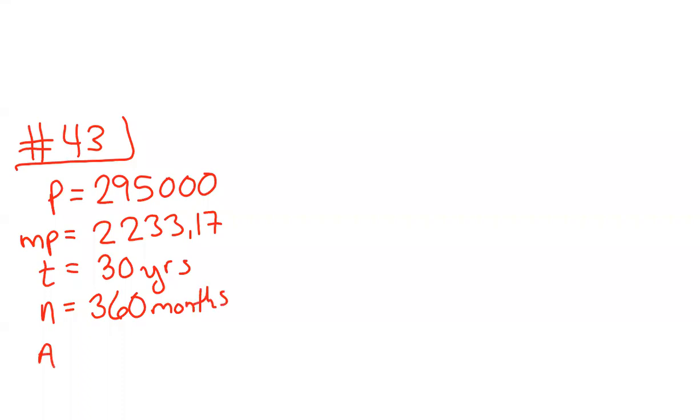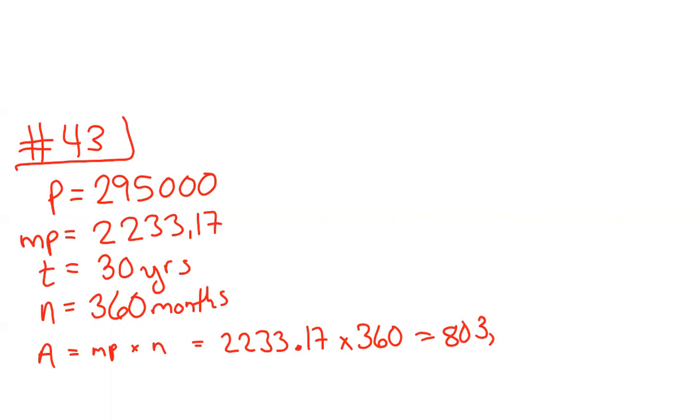So A is the monthly payments times the number of months, right? So 2233.17 times 360. That gives me 803,941.20.